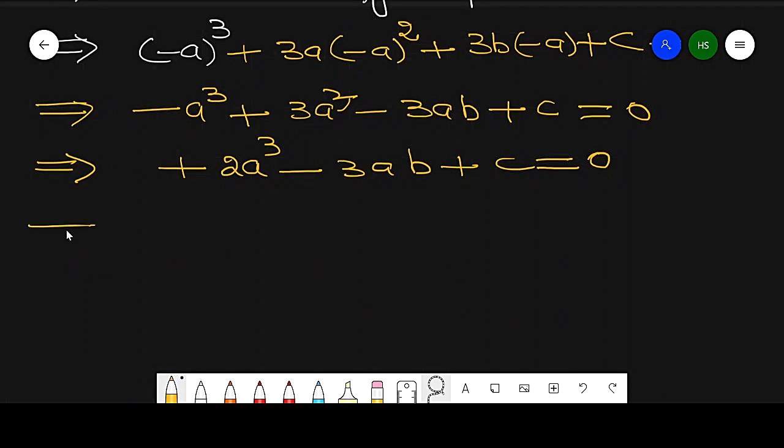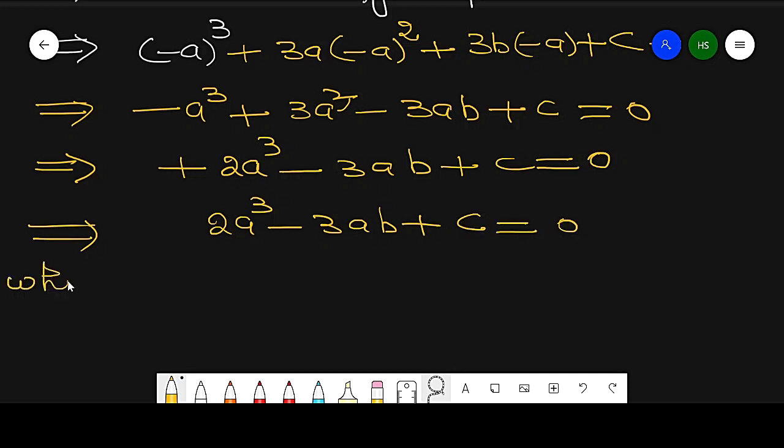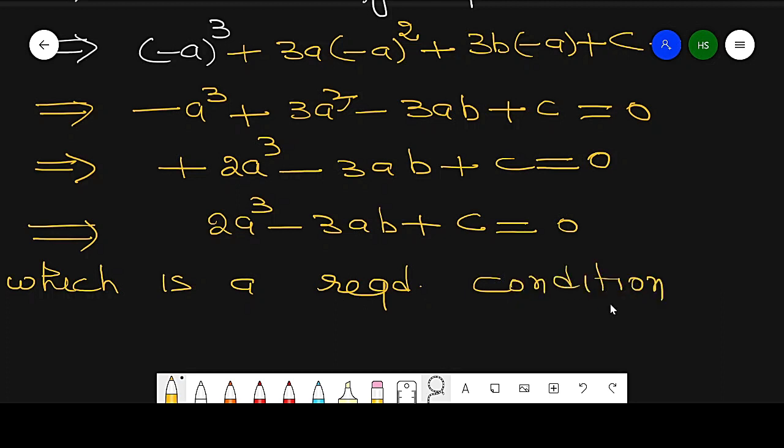So it implies 2a cube minus 3ab plus c equal to 0, which is the required condition. In this way we can find the required condition of our question.